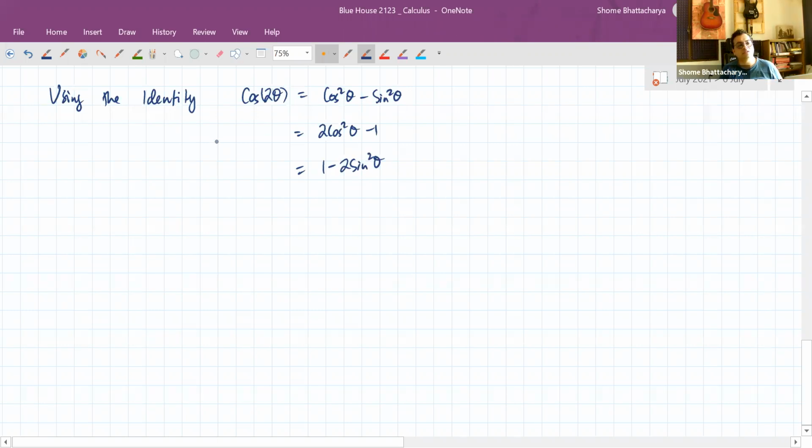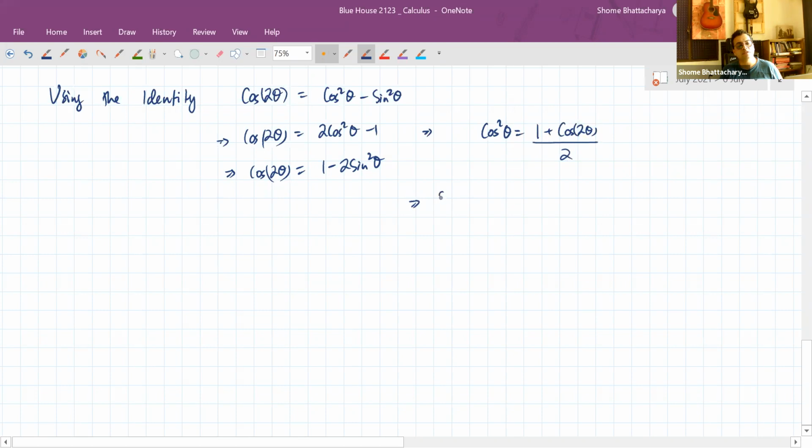So using this set of identities, we can invert these and therefore write that cos square theta can be expressed as 1 plus cos 2 theta by 2.